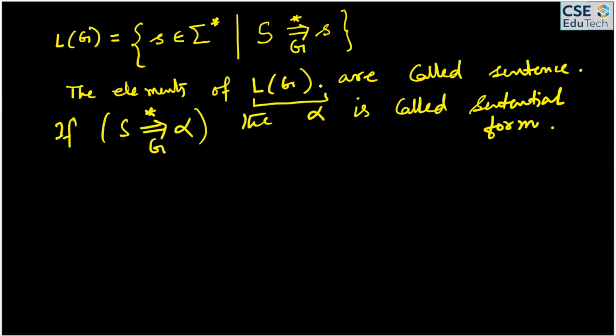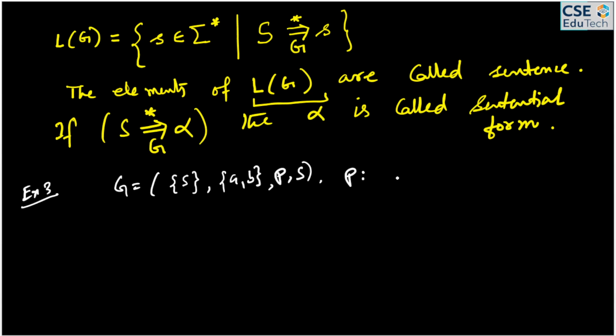Okay. Now we'll give another example. Example 3: suppose we are given a grammar like this: G equals Vn is this, terminal is a, b, production rule P and start symbol S, where P is defined like that: S to small a, S to small b, S to aS, S to bS.